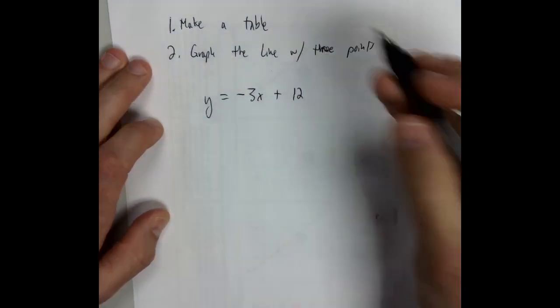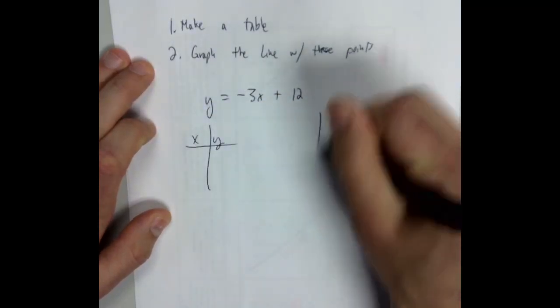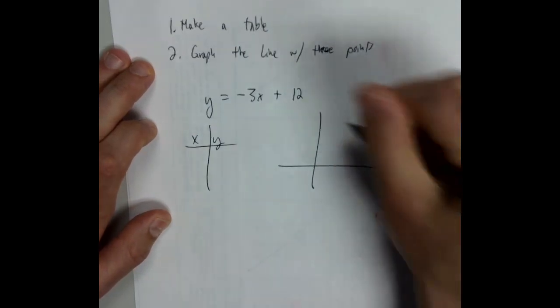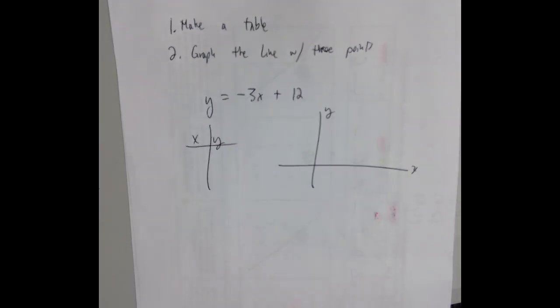Again, what I want you to do is make a table, and then I want you to graph it. If you have graph paper and you want to use that, great. If you don't have it, you don't need it, that's fine too.